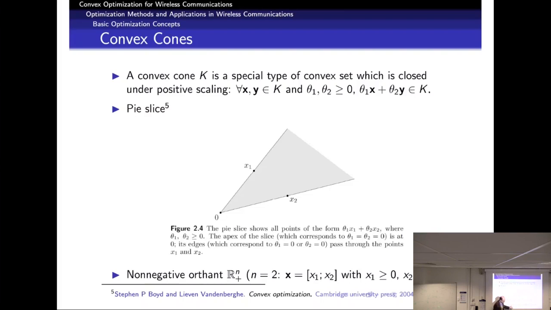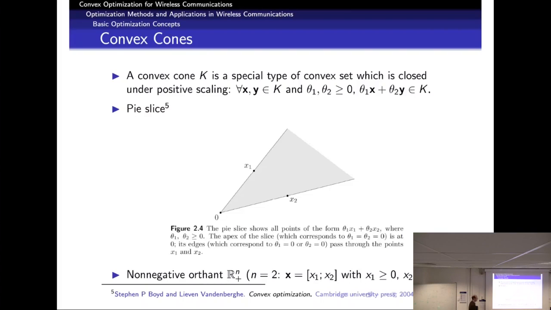Another example is this one, which is the non-negative orthant, which is a complicated name for something that everybody knows. So you're looking at this area. You're looking at x1 and x2, and all the values of x1 and x2 where x1 and x2 are positive. Right? That's what it means.